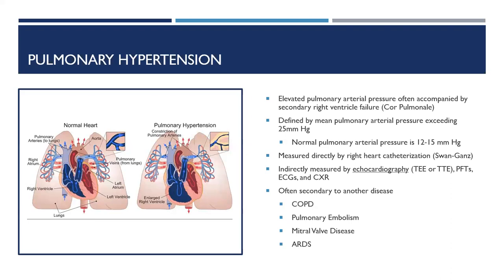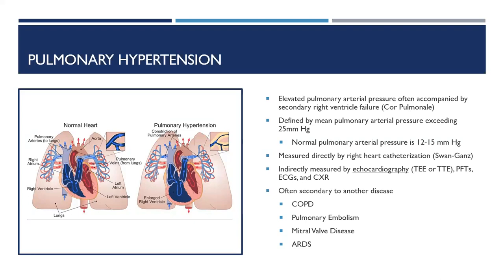Pulmonary hypertension. This is where we have too much pressure within the lungs, within the pulmonary circulation. So with pulmonary hypertension, our right ventricle is having to push too hard against the pulmonary vasculature to be able to push the amount of blood through that needs to go through.